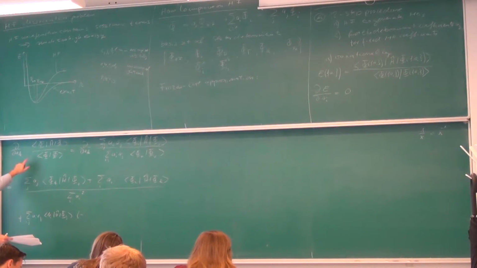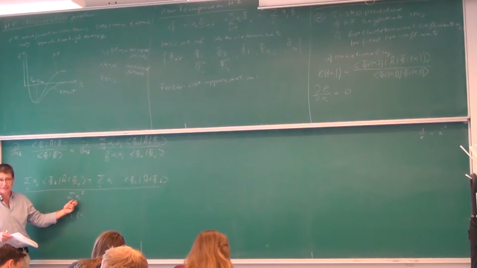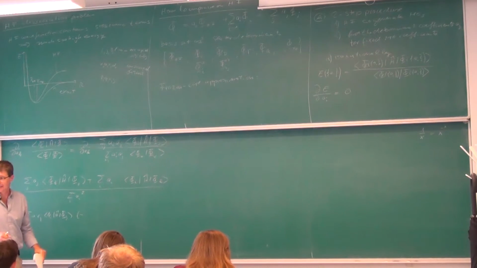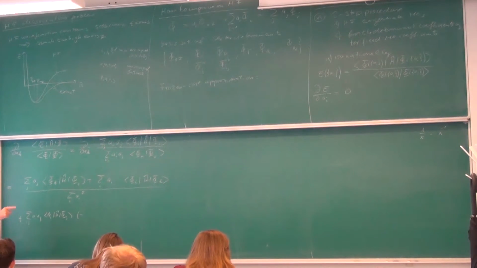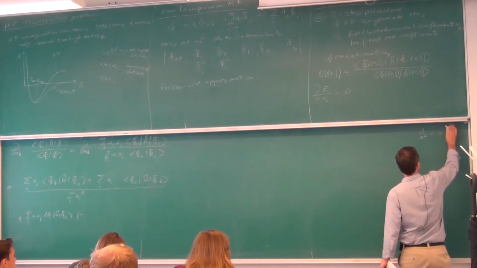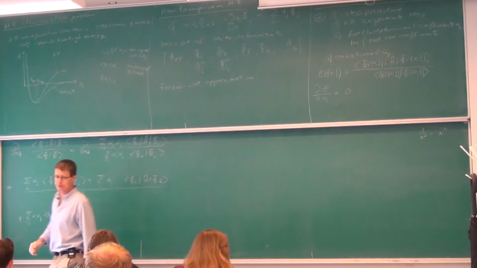And then again, I take the derivative with respect to a_k, so there's one term surviving. But that's a_k squared, so it's actually x to the minus 2 that I'm looking at, because all the other ones don't contribute.